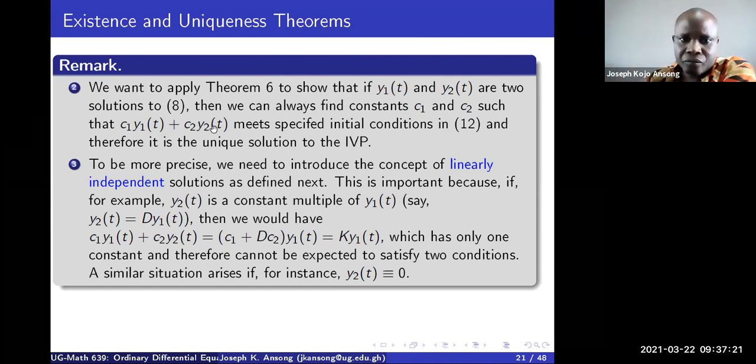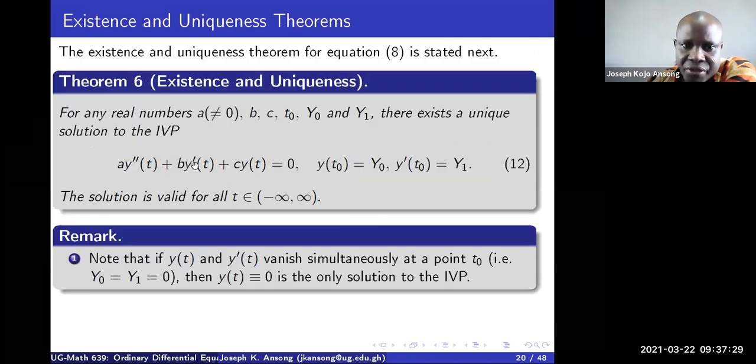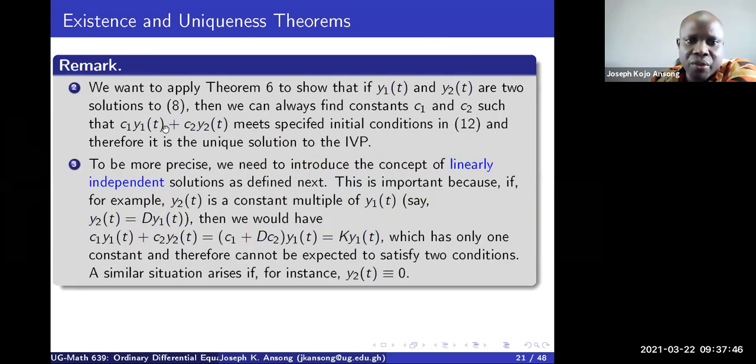So if I have two solutions, y1 and y2, and I form this linear combination, we want to use this theorem to show that I can always find C1 and C2 to satisfy these initial conditions. And if I can, then the combination of solutions is actually the unique solution.